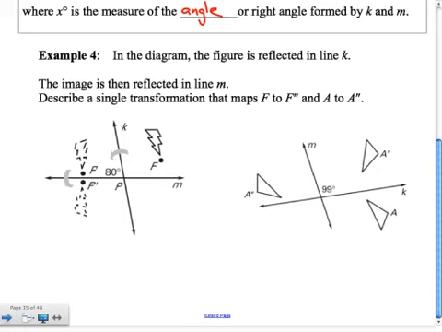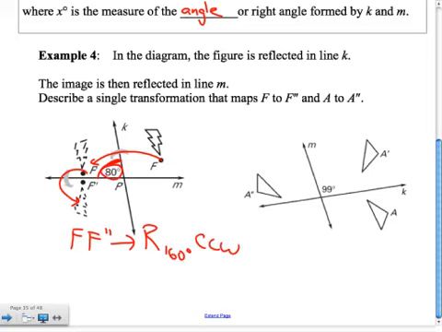So if I reflect over this one first, and then over this one here, and the angle here is 80, then to go from F to F double prime, what we could have done is just rotate. That's 80, so I have to double that. So I could say rotate 160 degrees counterclockwise to the left.